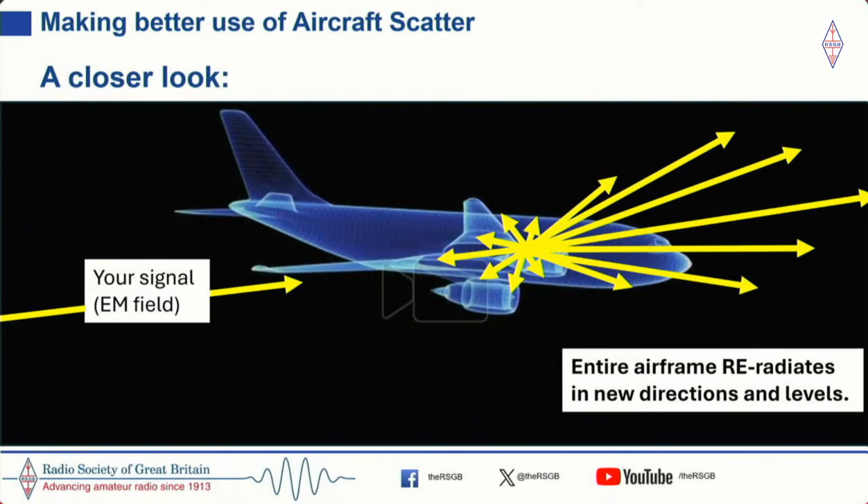So at that point, the next thing is, in that case, let's make a wireframe model of the aircraft and see how it behaves as an antenna. How does it radiate? If we can put it in an electromagnetic field using the antenna modeling software, then we can see how it re-radiates as well.